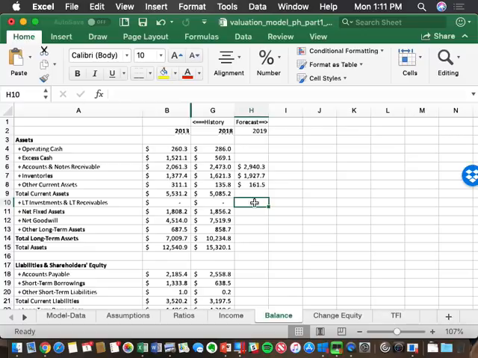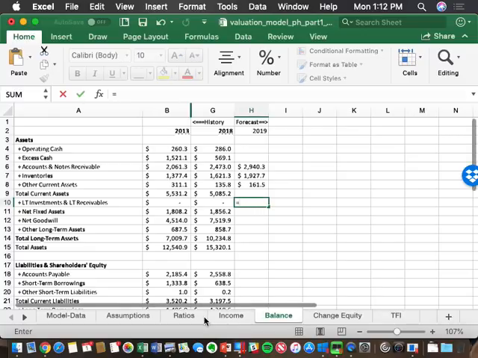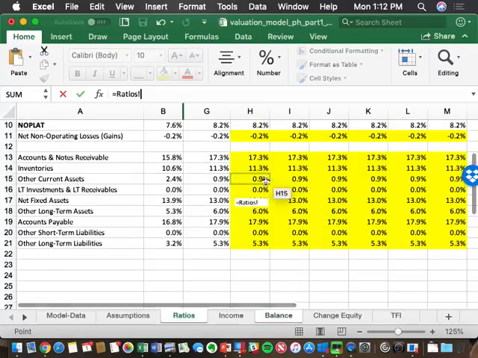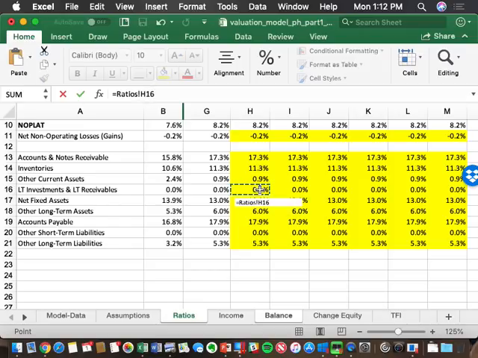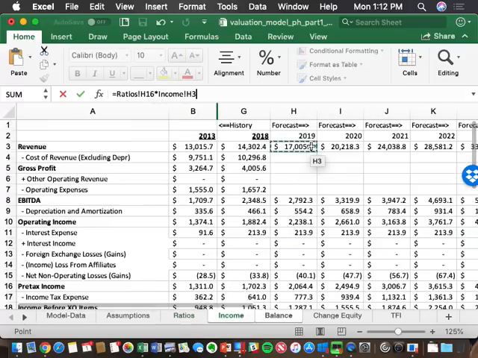Long-term investments equals, from the ratios tab, for them it's pretty much 0. Still want to have the math work. For another company, it may not be. So H16 times income, H3.